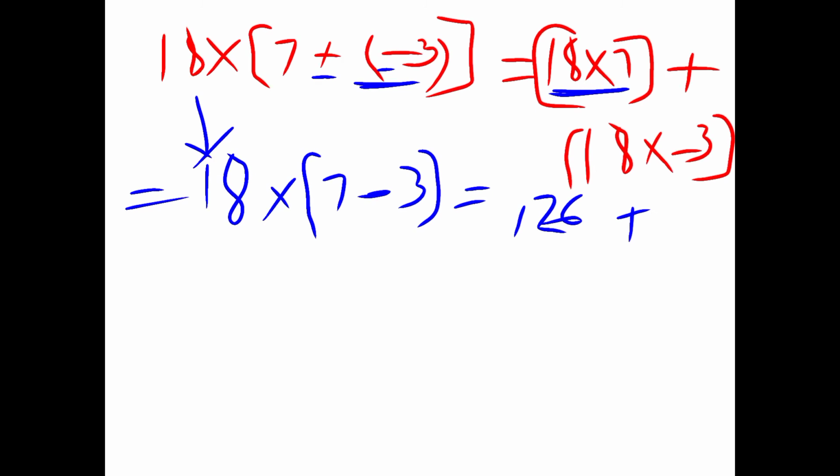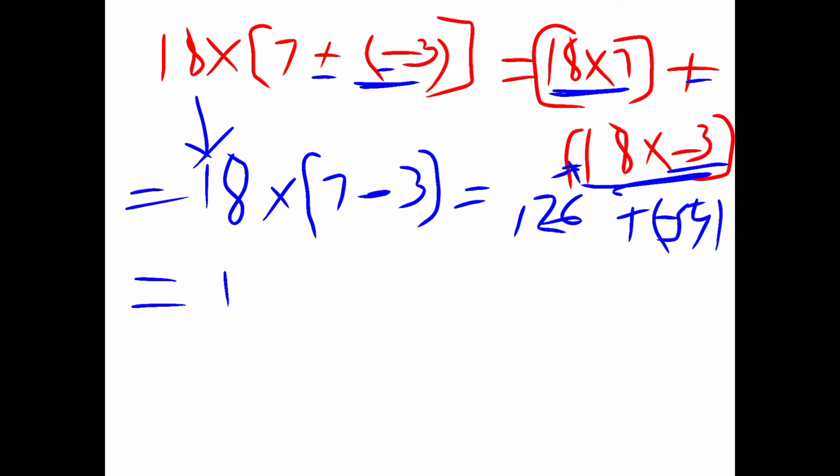Then plus 18 into 3: 3 eights are 24, 3 ones are 3, plus 2 is 5. Since the signs are different, the sign with this 18 is positive and the sign with this 3 is negative, so here it will be negative 54, right?